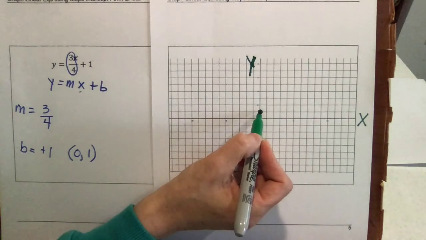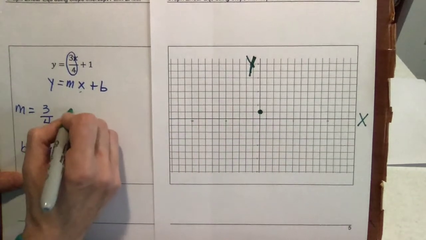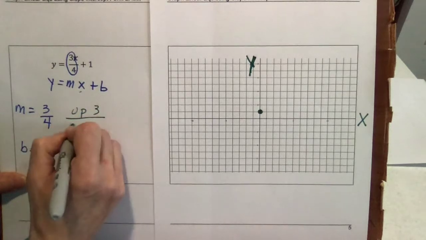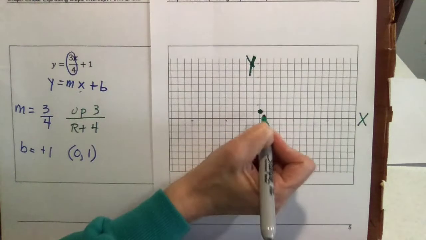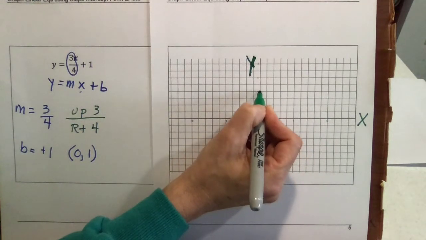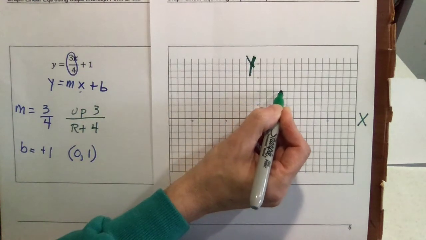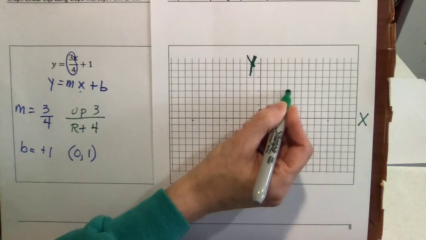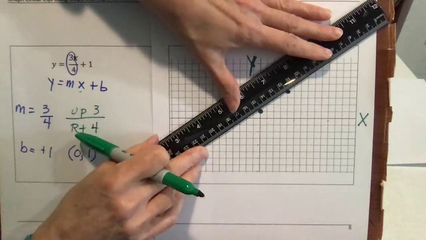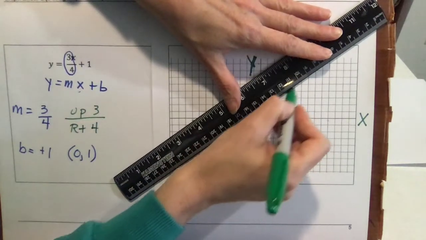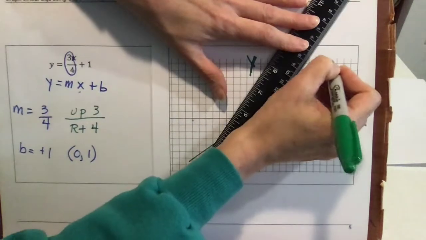Now, from that point you plotted, you're going to walk up 3 and right 4, because it's a positive 3 over 4. So we're going to go 1, 2, 3, then 1, 2, 3, 4, and put a point. Then we're going to graph by connecting all the way through.